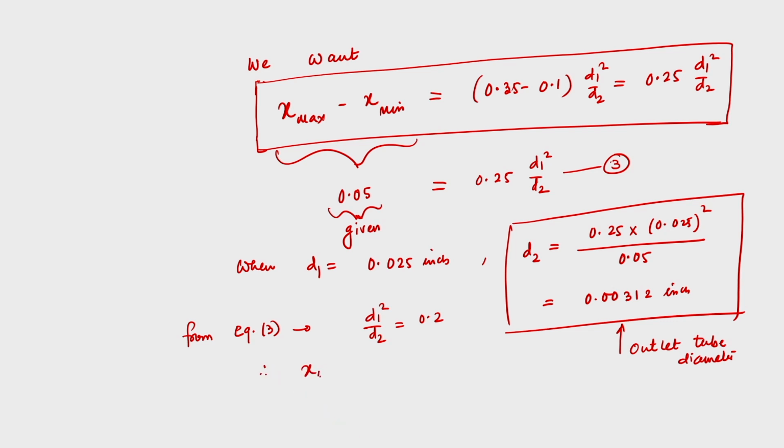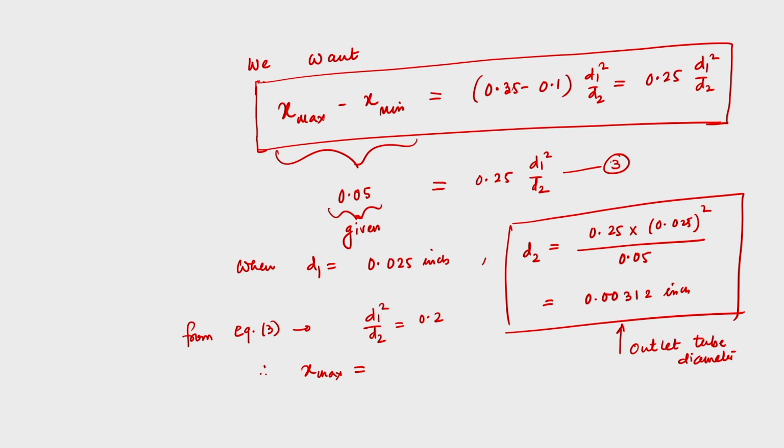So, we can get d1 square by d2 from this, that is 0.2. Now, what will be x max?